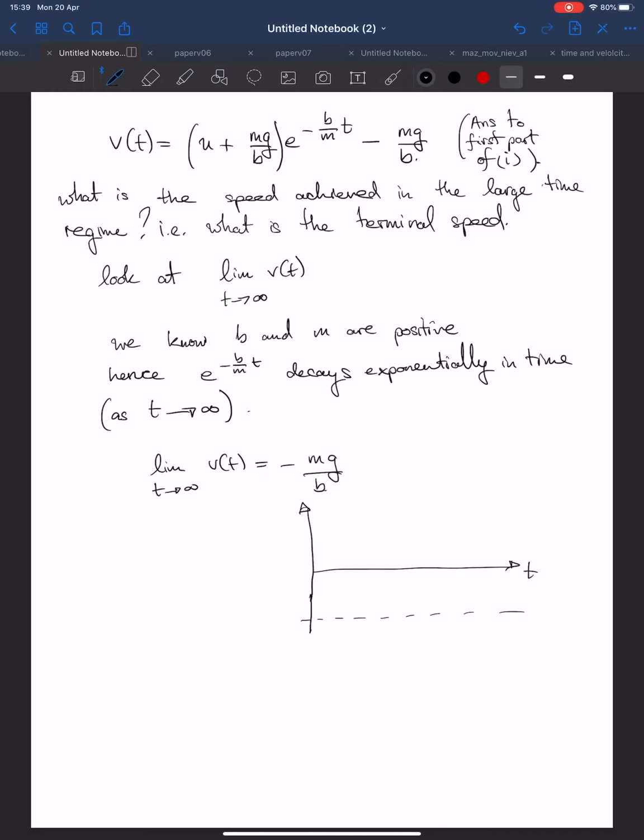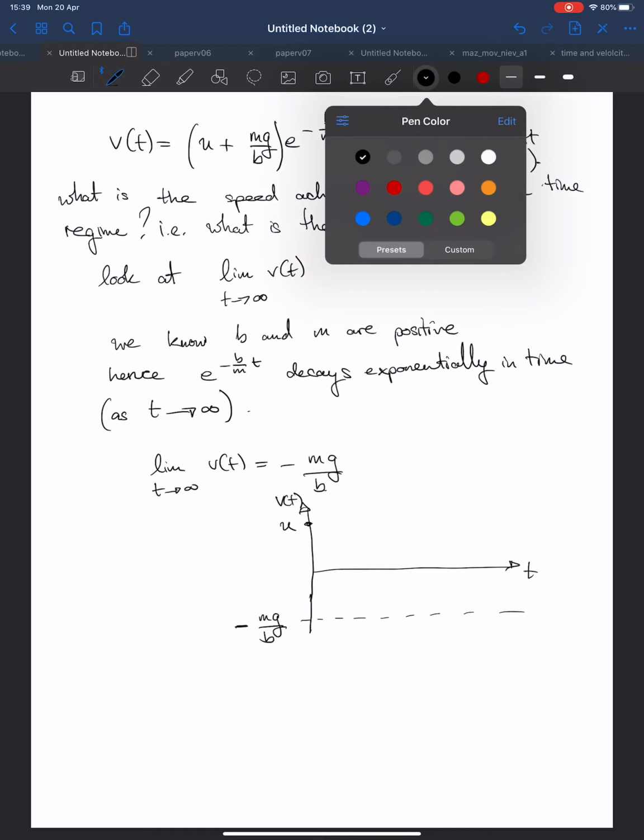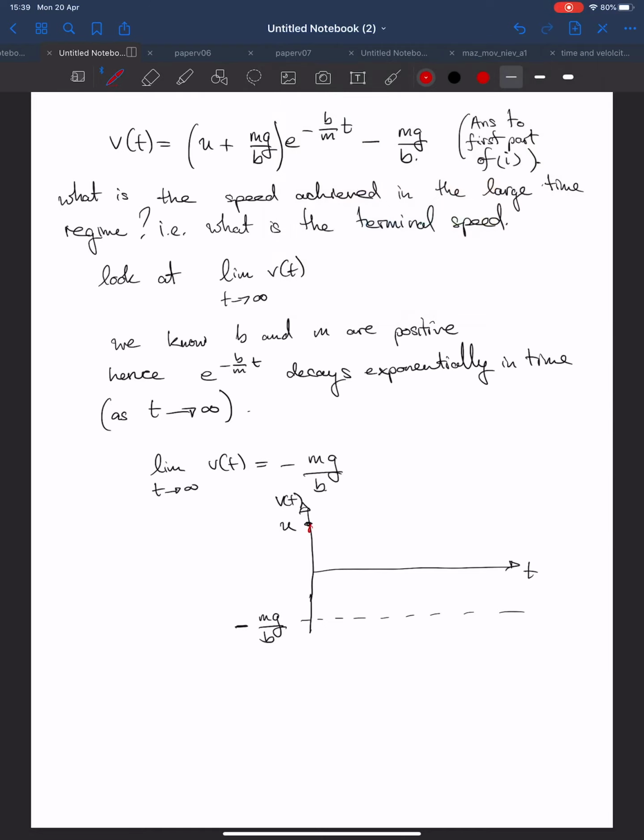Okay, so you have minus mg over b. And you started with some speed u, this is our velocity v, and then your graph does something like this. Okay, that's what it does.